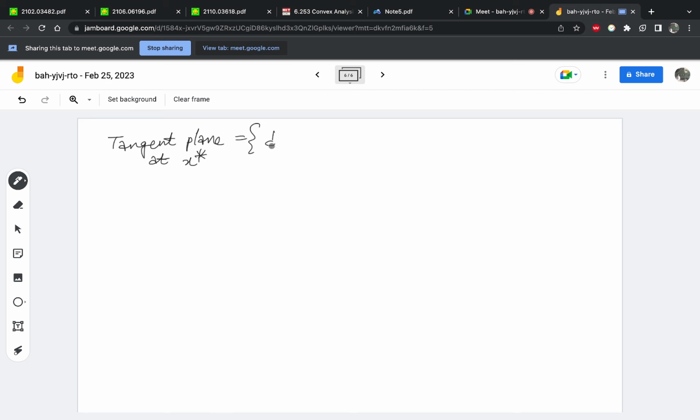Yeah, it's all those directions where d transpose, yeah. So this won't be the tangent plane, right? It will be feasible directions. The tangent plane is formed by taking linear combinations. So let's just talk about feasible directions at a point x star.